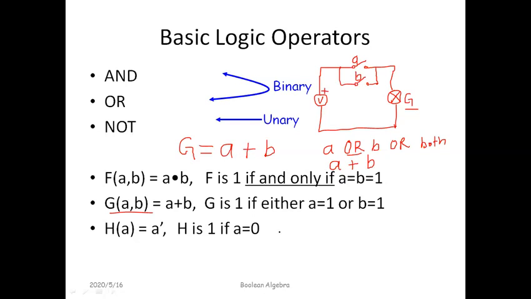Okay, let's now look at a simple table that will make us understand how this circuit will work, considering different input combinations. So we have the two inputs which are A and B. Then we have the output, which is G. So let's look at the different input combinations.